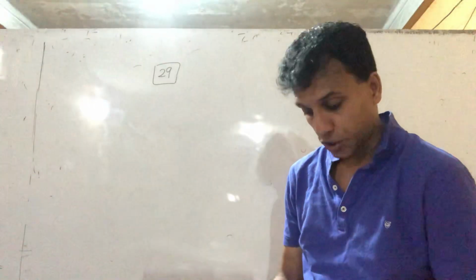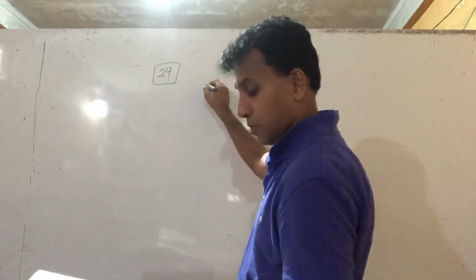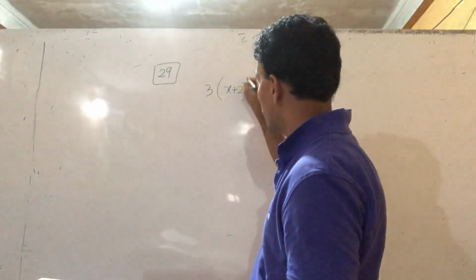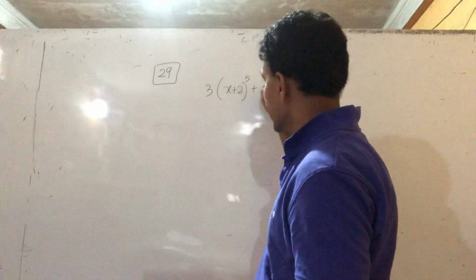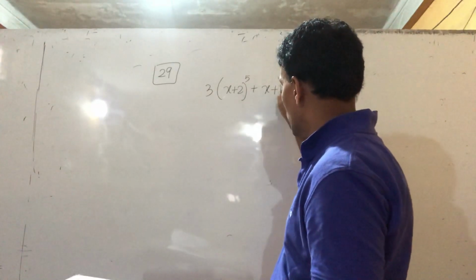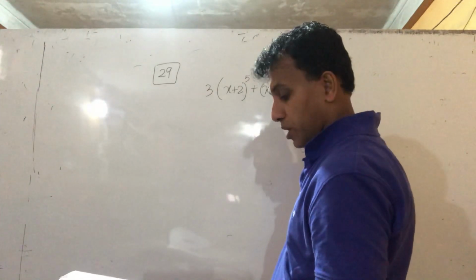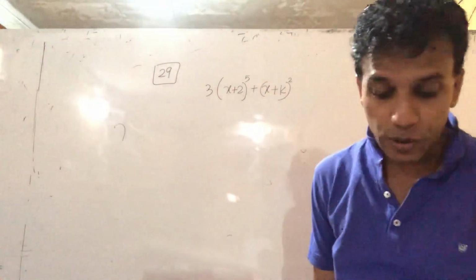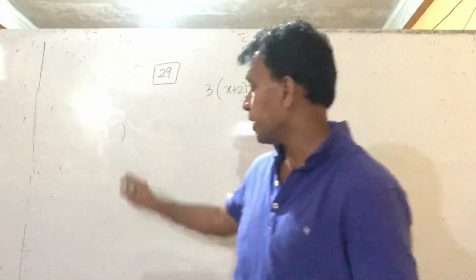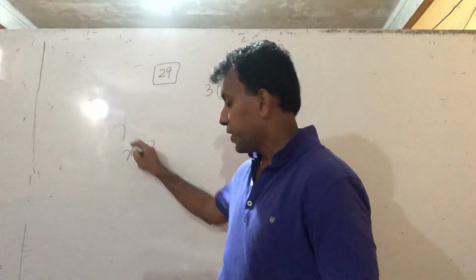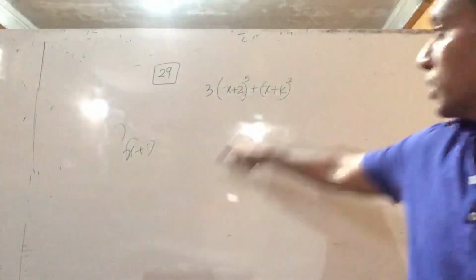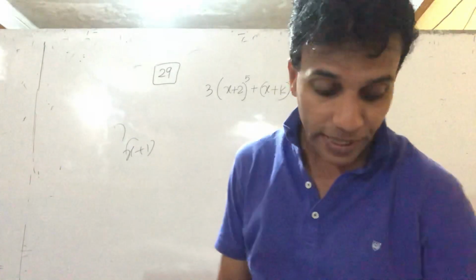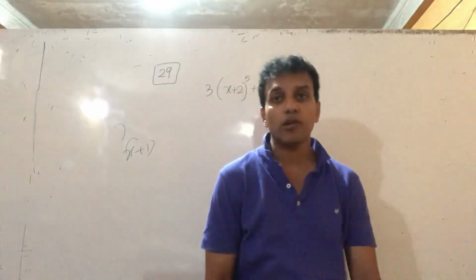The expression 3 times (x plus 2) to the power 5 plus (x plus k) all squared leaves a remainder of 7 when divided by x plus 1. Then find the value of k.